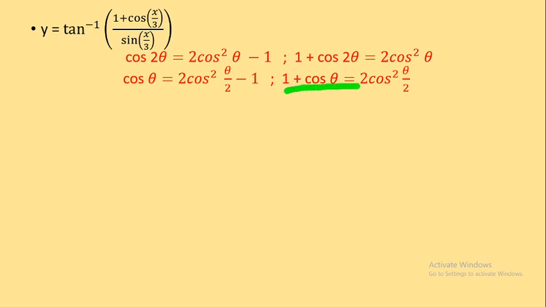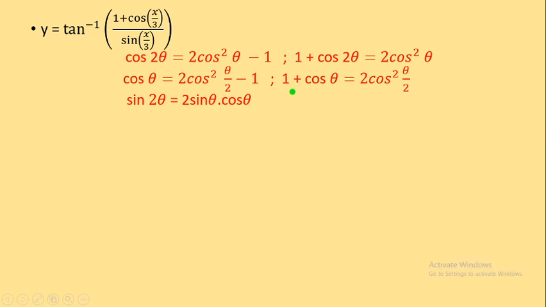And what about this denominator? What to do for this sin x by 3? Those who have watched my previous video, I have given one double angle formula for sin 2 theta. That is the formula which we are going to use here, which is sin 2 theta is equal to 2 sin theta cos theta.